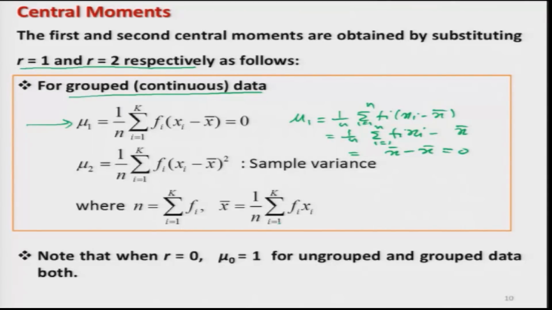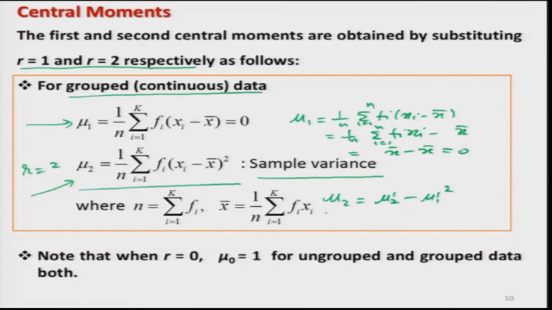And similarly, if you substitute here r equal to 2, then this quantity is nothing but the sample variance. In this case also, mu 2 can be represented as mu 2 prime minus mu 1 prime squared. So, this is again the same outcome that we obtained in the case of ungrouped data.